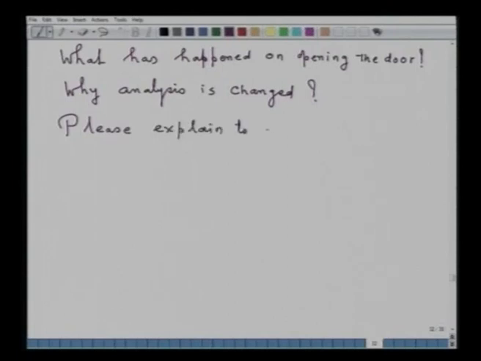He is the operator, a very sharp person, and he wants to know the figures from you, the amount. So please explain to him qualitatively and quantitatively as well.